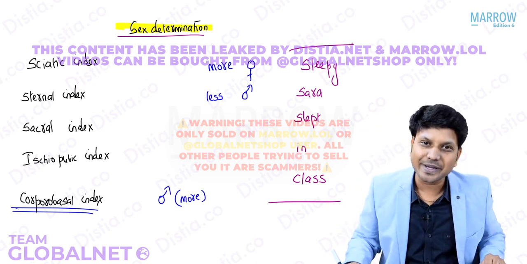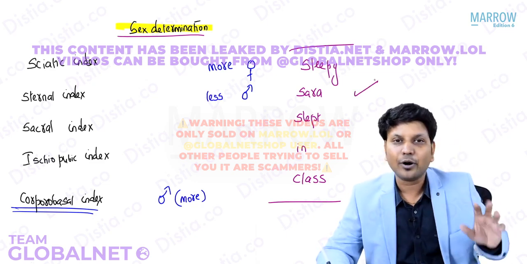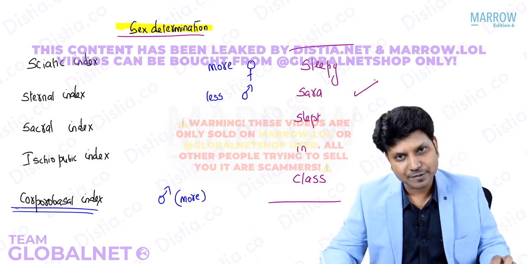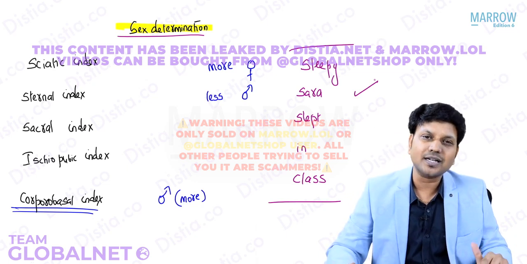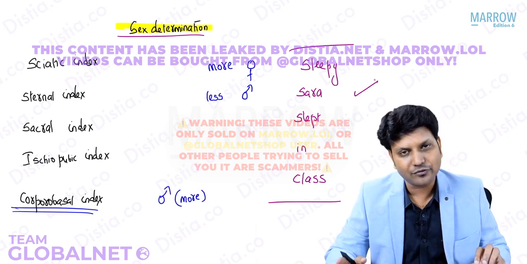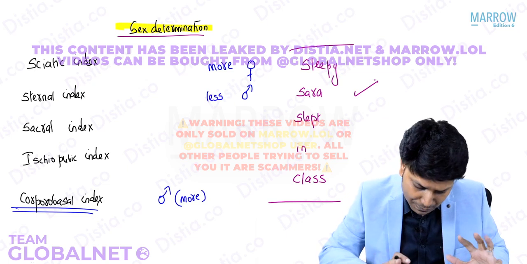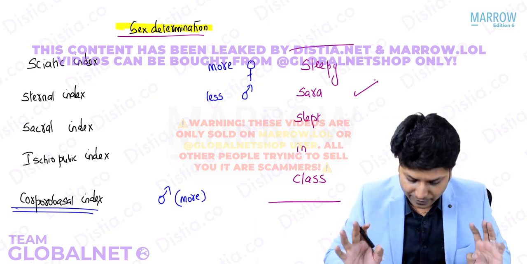Sacral index, ischiopubic index, and corporobasal index. You will remember all the important indices meant for sex determination. There is one more index, that is the kylotic line index, which is also meant for sex differentiation, but that is not so important. You just remember these are the most important indices meant for your examination purposes.